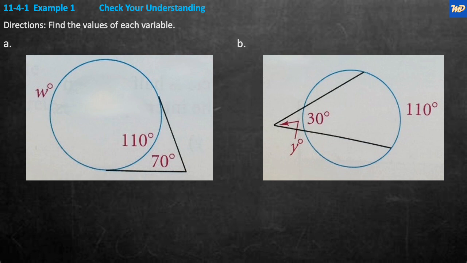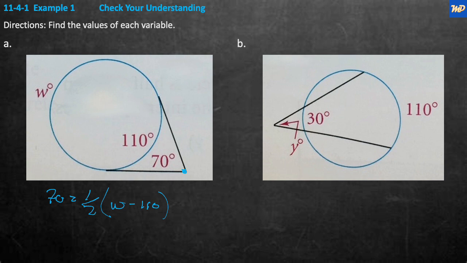So for problem A, what do we have? We're going to write an equation. The equation that I'm going to write says 70 is equal to 1/2 of W minus 110, because these lines intersect outside the circle, so you don't add these two arcs. You subtract the smaller one from the larger one.